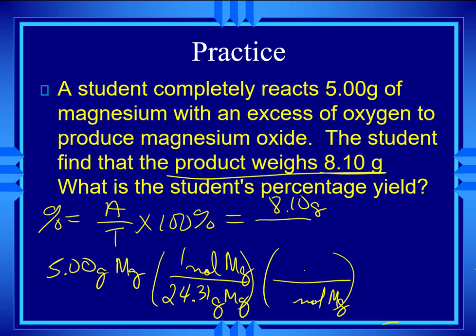And they said the product was magnesium oxide. And I'm stuck. Why am I stuck? I get those numbers from the balanced equation. Something's missing here. A balanced equation.